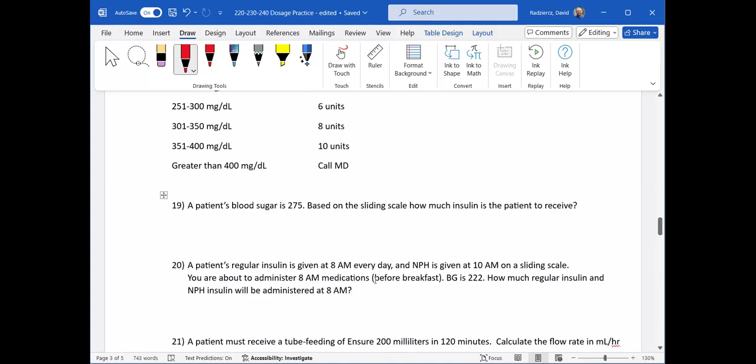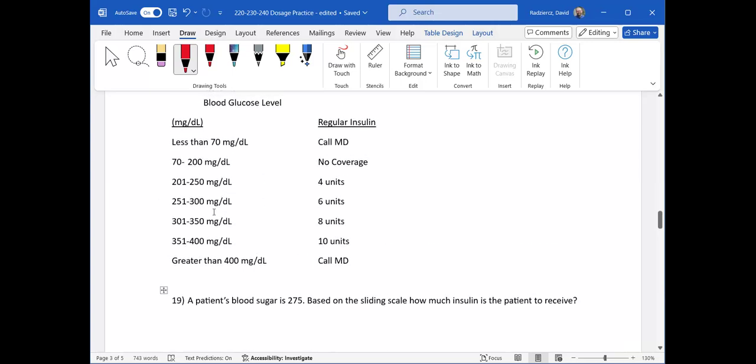Now, I will say this because it says a patient's regular insulin is given at 8 a.m. and NPH is given at 10 a.m. How much regular and NPH will be administered at 8 a.m.? Okay, so I guess that's kind of a trick question. Since NPH is given at 10 a.m., they wouldn't receive any at 8 a.m. And then they would just receive the range for 222, so they would receive 4 units.